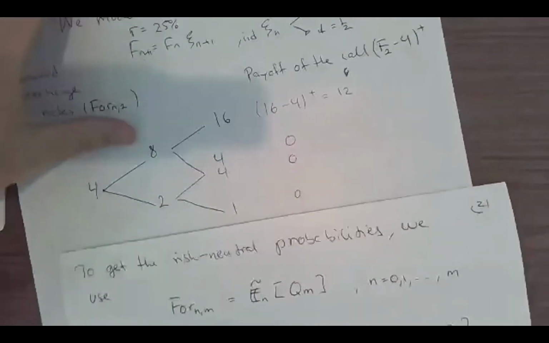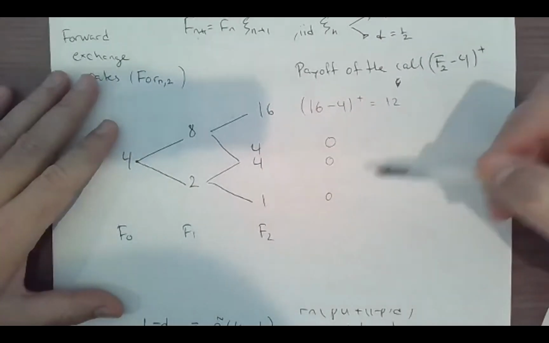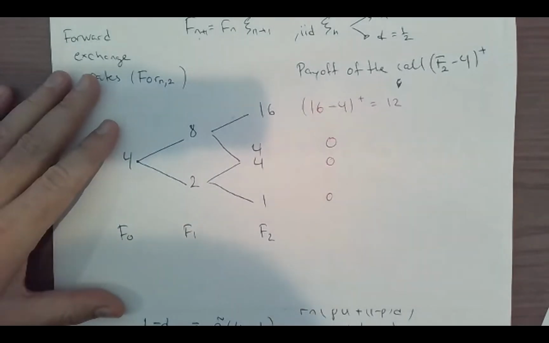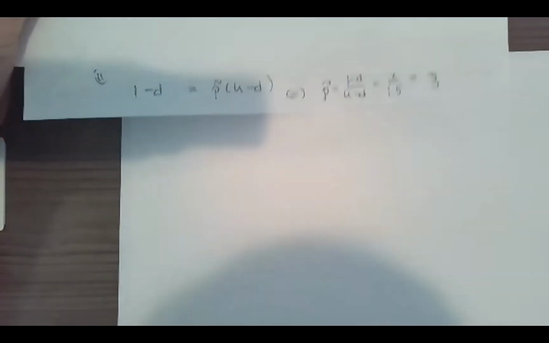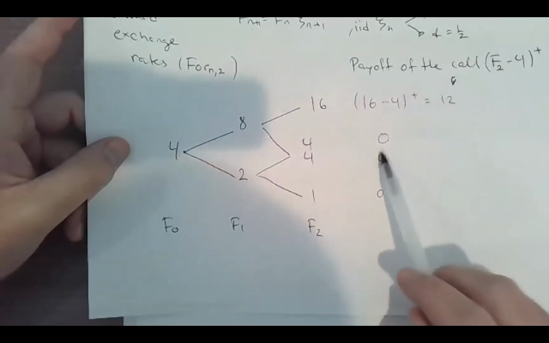So now we have the probabilities. We have the payoff. We're just going to roll it back. Now we have the payoff, we have the risk neutral probabilities. We can now roll back to time 0 the payoff, which was 12, 0, 0, 0, right?